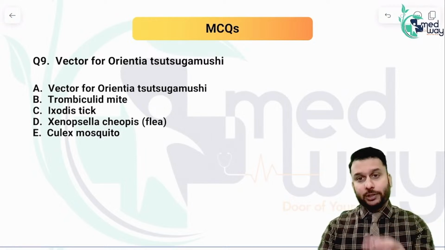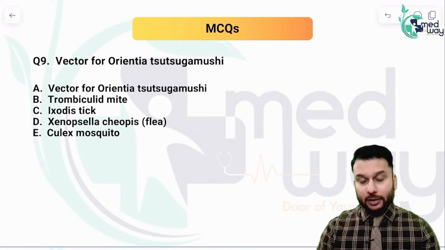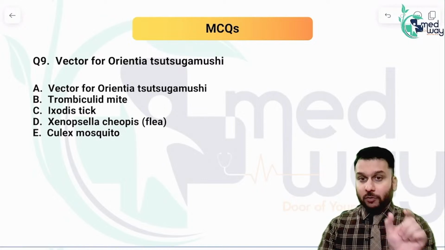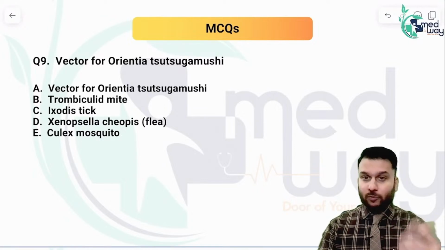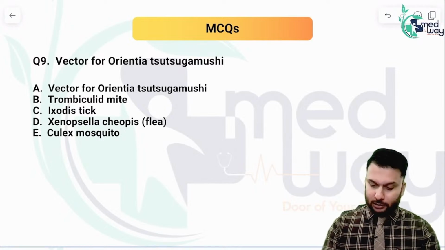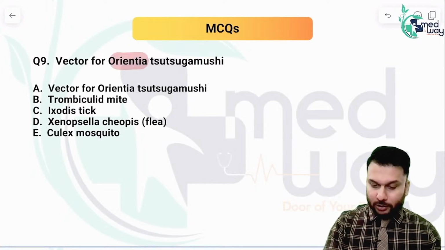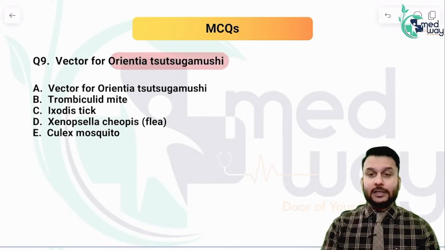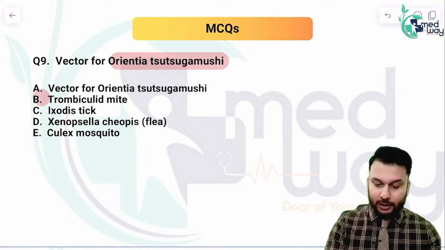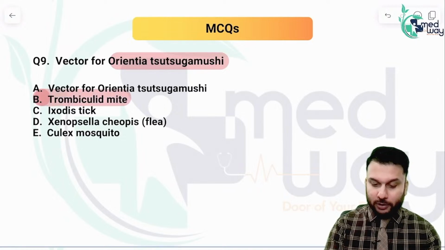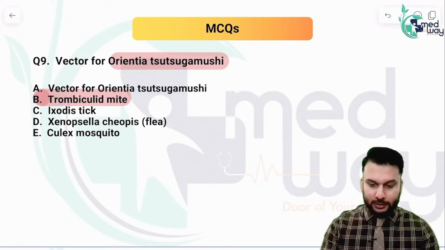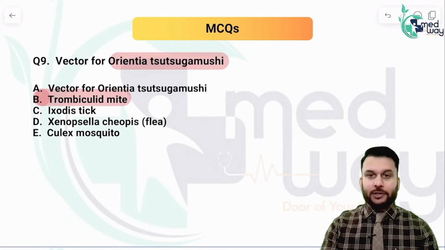This happened to be a question in another exam, right? And this time what they did is the organism causing scrub typhus is what you can see in front of you, the one called Orientia tsutsugamushi. And guys, the vector that spreads this infection is the trombiculid mite. Okay, it is the trombiculid mite. This is the guy that spreads this infection.